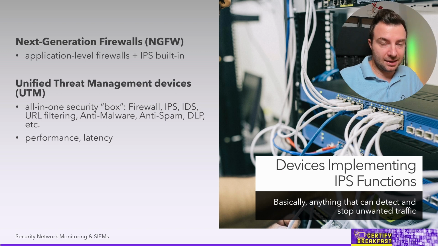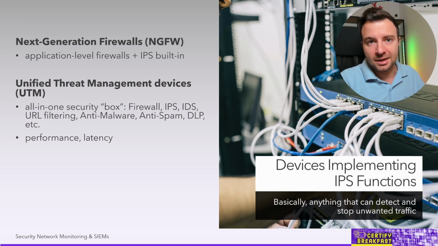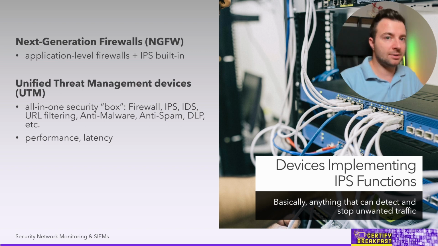Again, I don't think I need to repeat this, but the more complex a device becomes, the more stuff it needs to do in order to decide whether to allow a packet or not. The more resources, the more CPU intensive it's going to be, the more memory it's going to require, and the more delay it's going to introduce in the network. So keep this in mind, even though it kind of sounds cool, right, to have all that security functionality in a single box, which, by the way, you try to make sure it's not a single point of failure, all right?